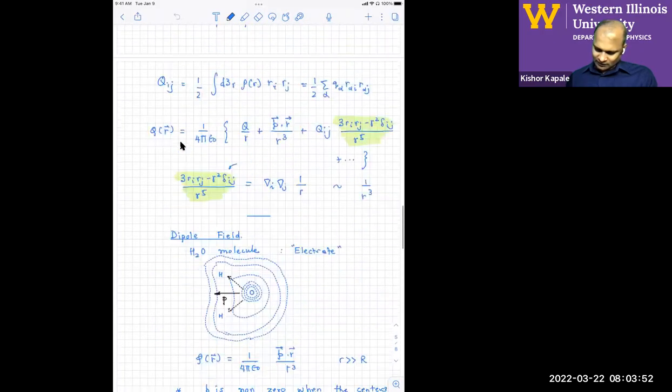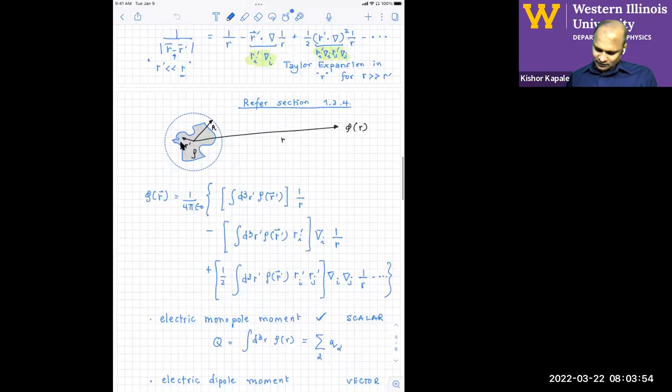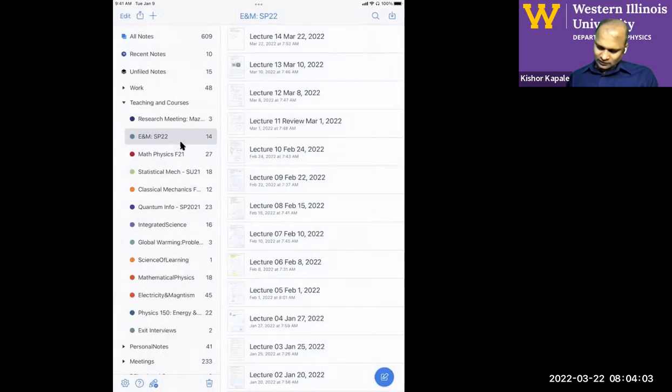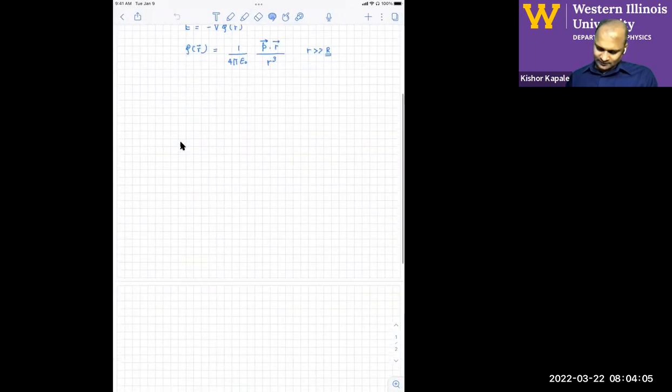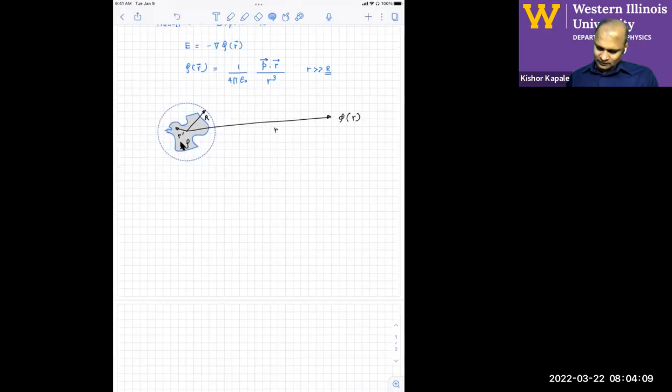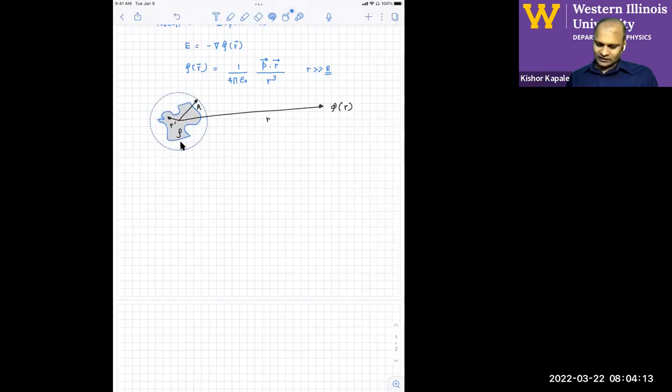So we had this diagram here, I believe. Yeah, so it's this kind of thing. Let's go back and put it here. Just to remind you, R is the blue circle. That's the characteristic length of your charge distribution, the largest one that you can find.